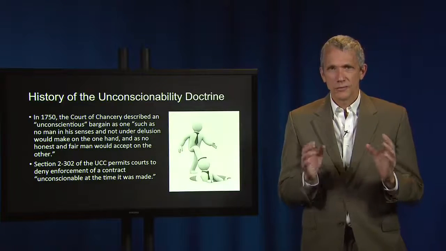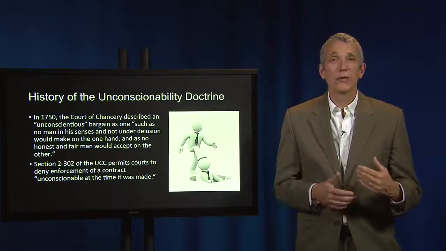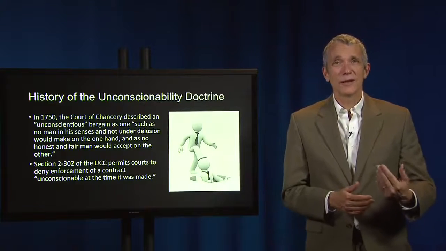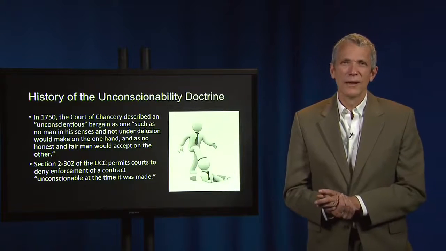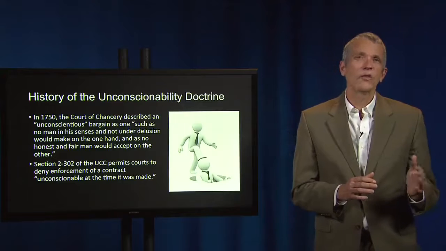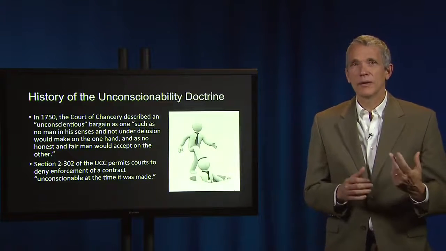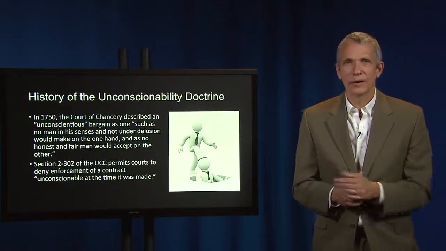This language, unconscionable at the time it was made, makes clear that the doctrine is a formation defense to be judged at the time of a contract's formation, as opposed to the impracticability defense that we'll study later, that often concerns impracticability or impossibility that arises after the contract is formed.